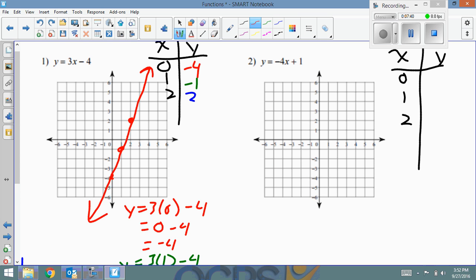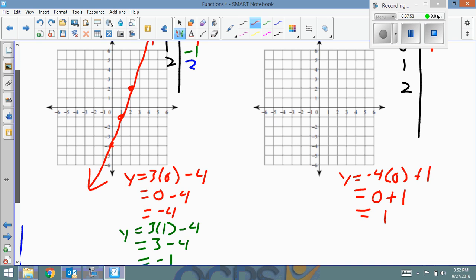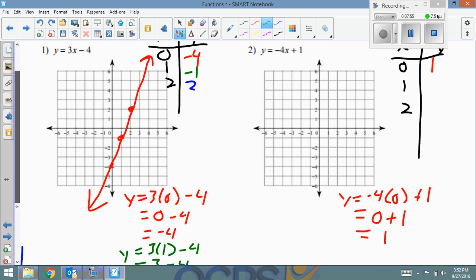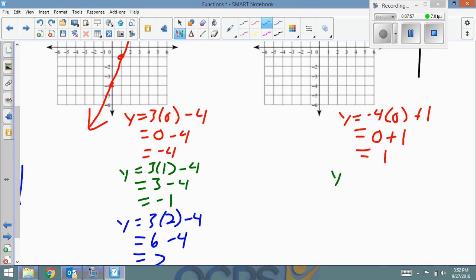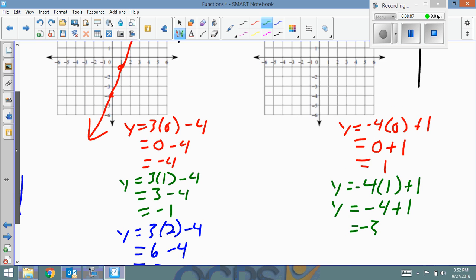The first one is when x is 0, so it's -4 times 0 plus 1. So it's going to be 0 plus 1, which is 1. So 0, 1 is our first one. Second one is when x is positive 1, so y equals -4 times 1 plus 1. -4 times 1 is -4, plus 1 gives me -3, so y is -3.